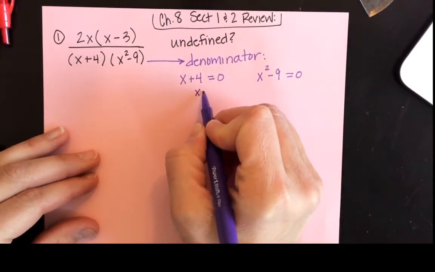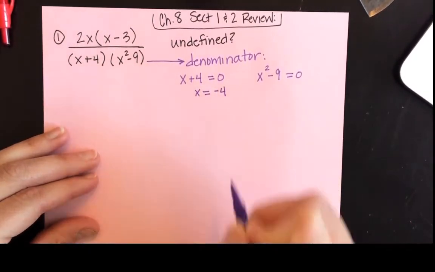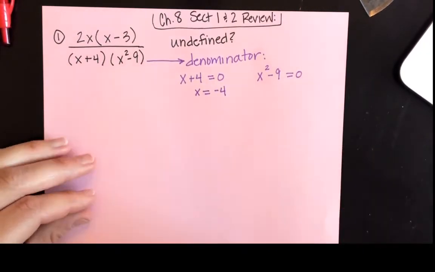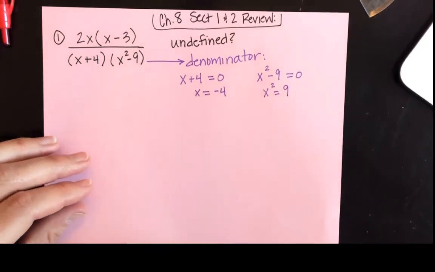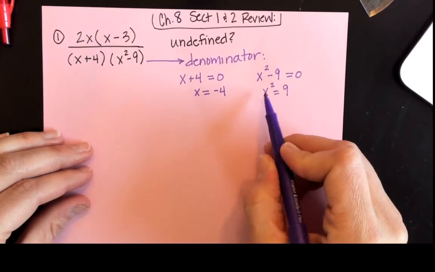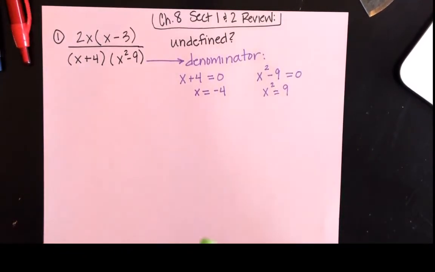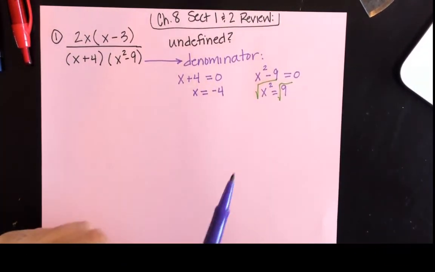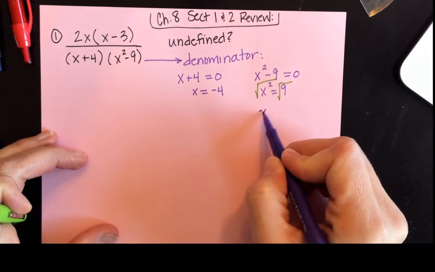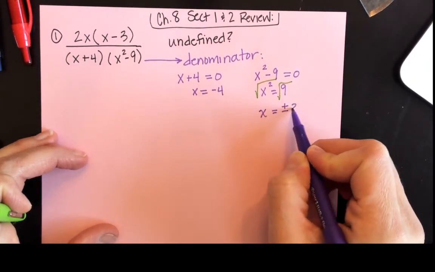So when we subtract 4, we find out that x would end up being -4 if it makes it 0. And then over here, we end up with x squared equals 9. And this is where, when you take the square root, you end up getting stuck with the positive and negative. So x would be plus or minus 3.